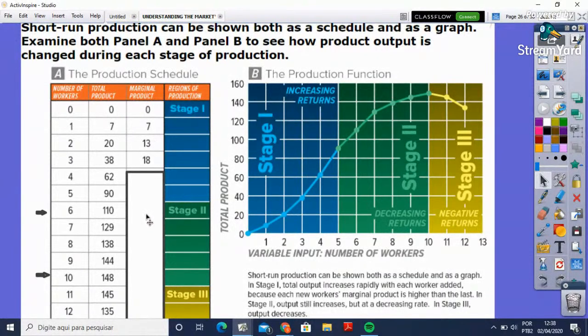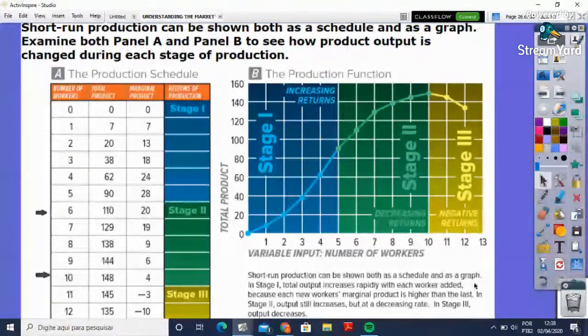And as you can see here in stage 1, my total output increases. From 13, then here, I produce 20, from 20 I go to 38, 18, 24, 28. This is my stage 1. I call this increasing returns. I'm doing well.